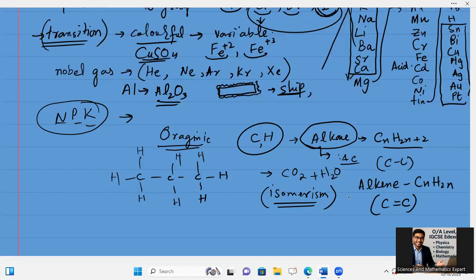There are also other functional groups. For example, if an OH group is present in an organic compound, then it is an alcohol. And if it has COOH, it is called a carboxylic acid.